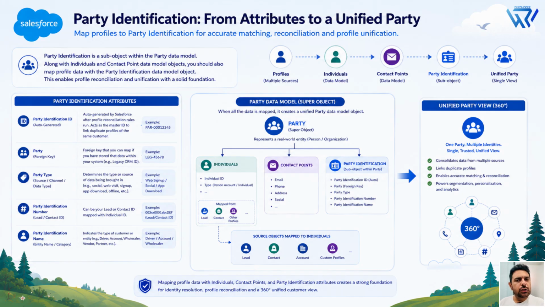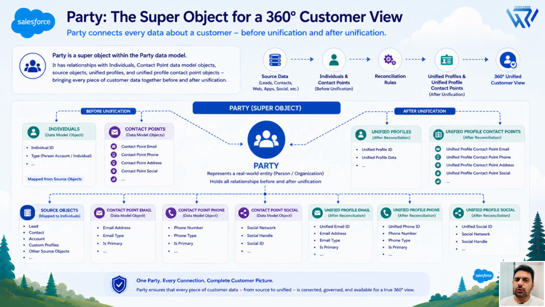So party will also have mapping to source objects like leads and contacts, which were mapped to individual. Party will also have mapping with contact point data model objects like contact point social, contact point email, contact point phone.